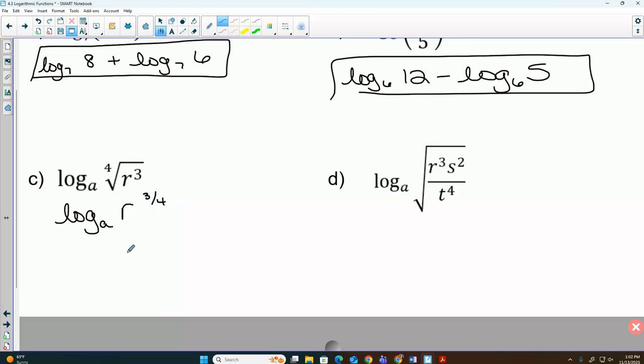And then, properties of logs, where does the power go? 3/4 log base a of r.